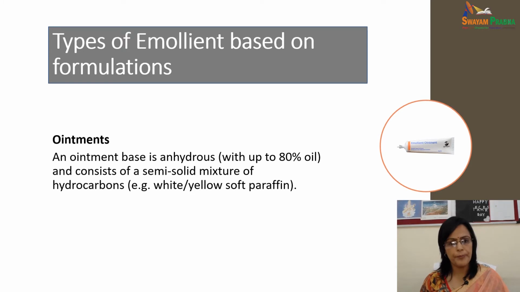This ointment type preparation is suitable for dry skin conditions in soles and palms. These are very greasy, free from preservatives and suitable for sensitive skin. So this is about ointment based emollient preparations.